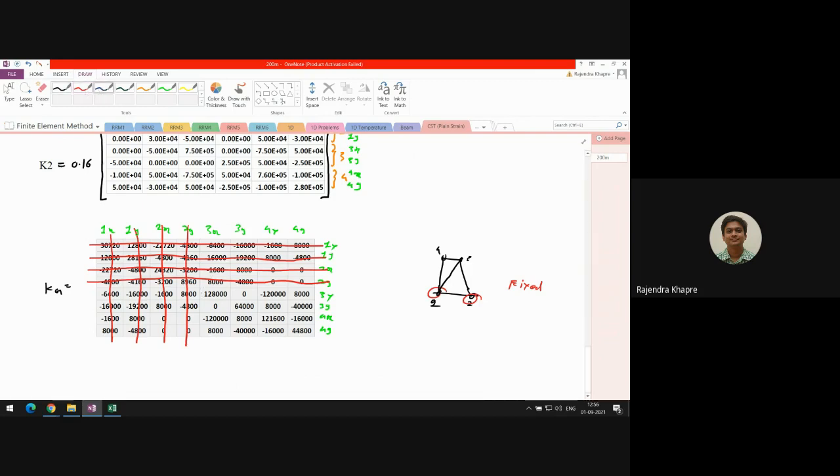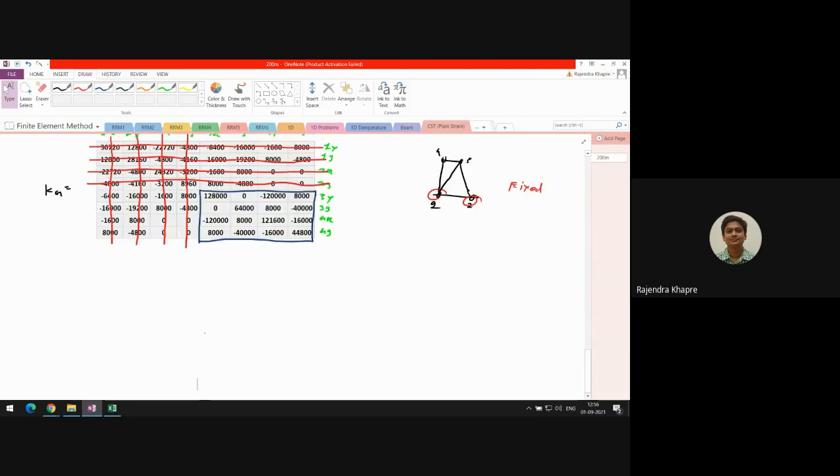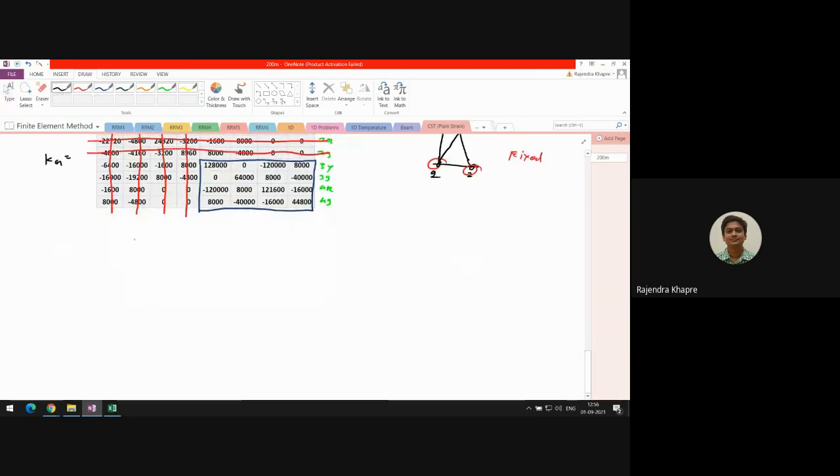This will be your reduced stiffness matrix, which will have the contributions of node number 3 and node number 4. So we have K reduced into delta reduced equals force reduced. You have a matrix which is something like this now.